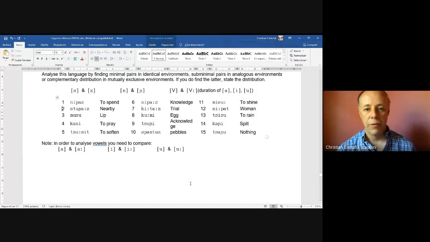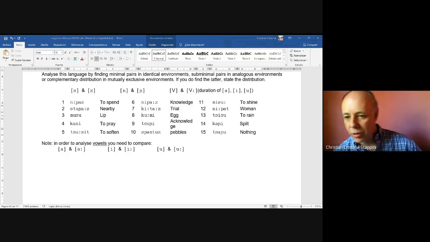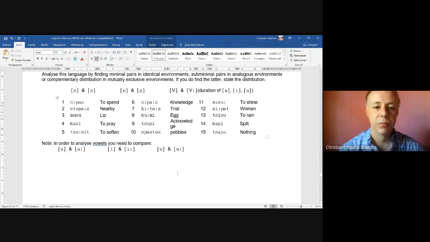So, first one, minimal pair. Do we have a minimal pair for the S and the Z? Apparently not. Remember, I cannot read the chat. We don't have any.